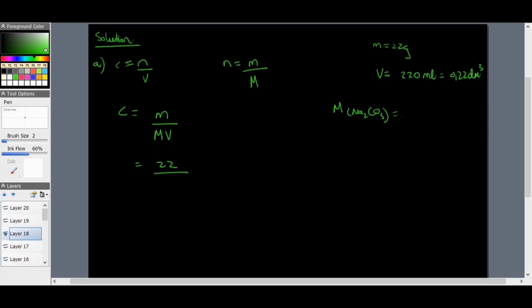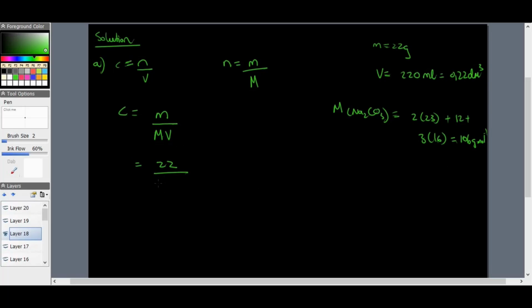The molar mass for that would be 2 times 23, because 23 is the molar mass of sodium, plus carbon, which is 12, plus 3 times 16 for oxygen, and we should get a value of 106 grams per mole. 106 grams per mole. There we go.